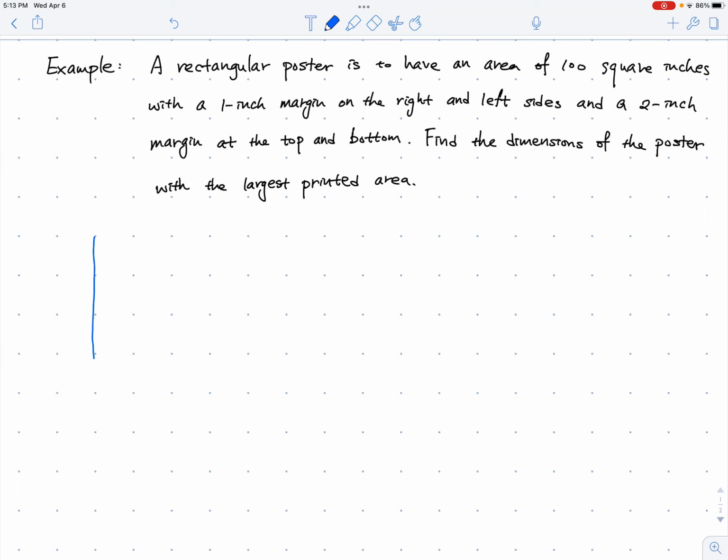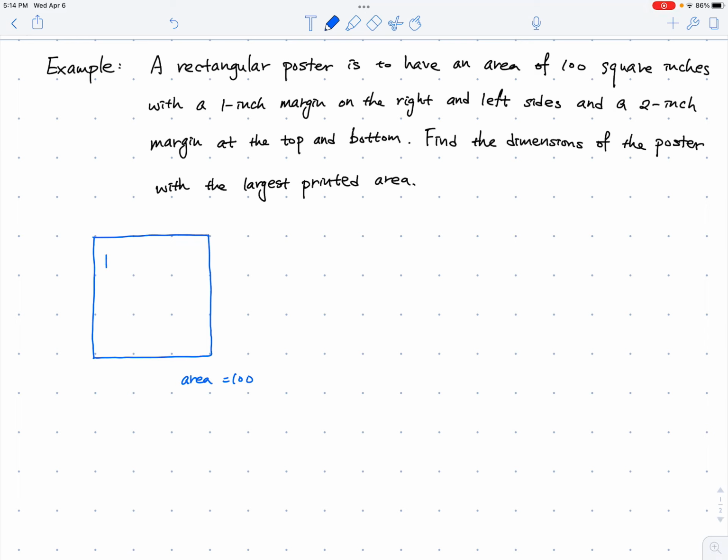So you have a rectangular poster. Let's say it's this one. Okay. And so the total area is equal to 100 square inches. And then you have the margin on the left, the right, and top and bottom.